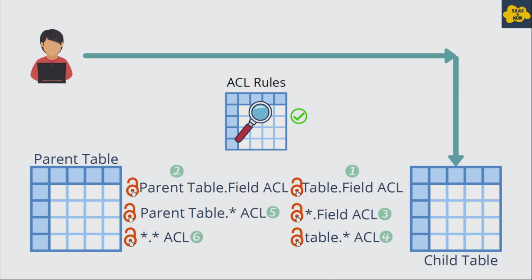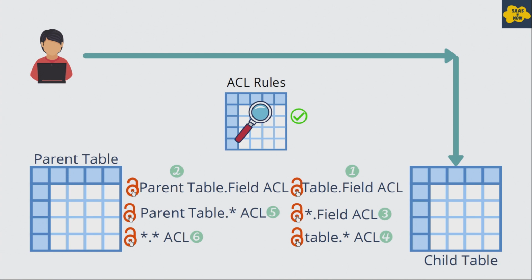This starts with ACL of fields of child table, that is table.field. If single field ACL is available, then it is evaluated first. Then system evaluates ACL of parent table and then any table ACLs. And you can see the sequence as well.